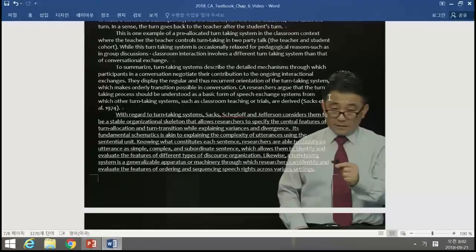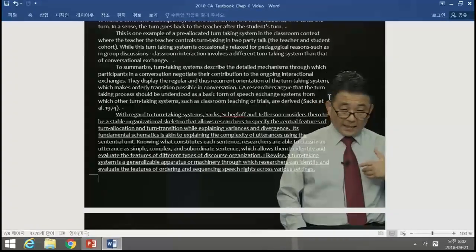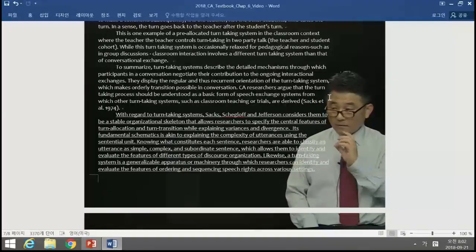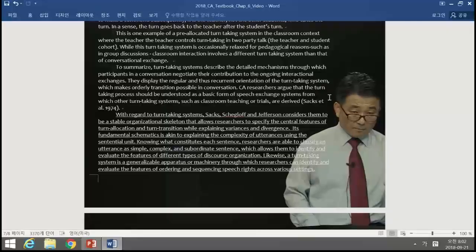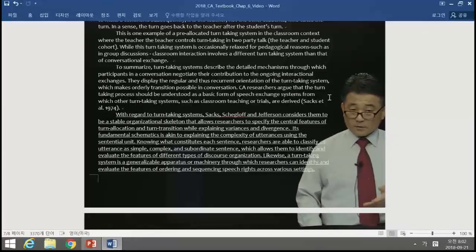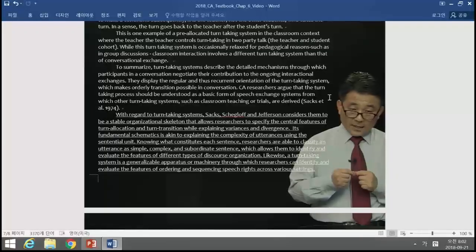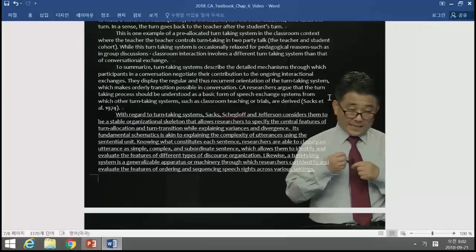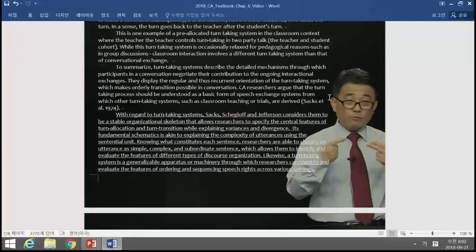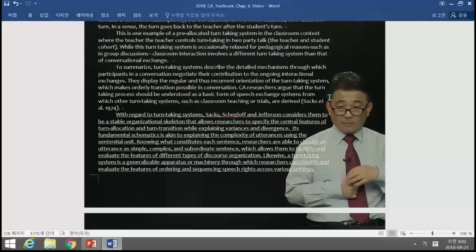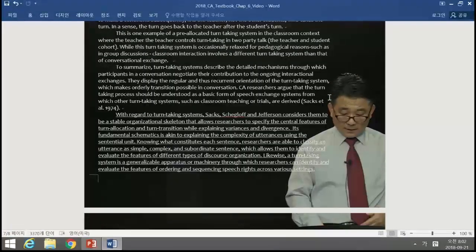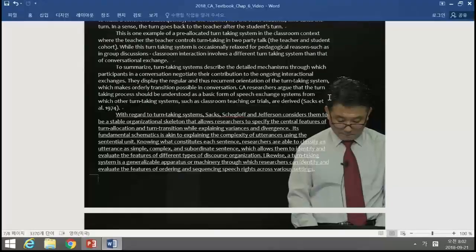Using this system, we can identify the features of particular conversations or written passages. This is complex, this is formal, informal, and so on. So the turn-taking system works like that basic system through which we can identify some specific details in different contexts.